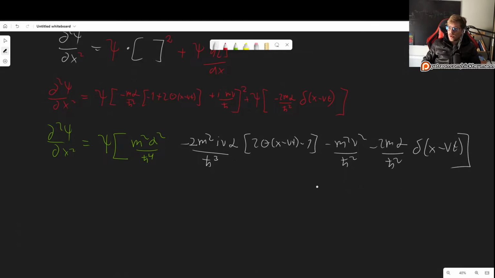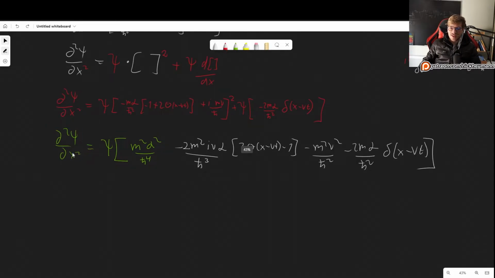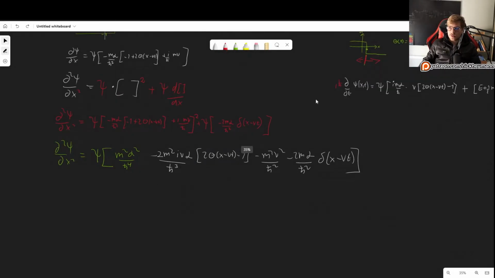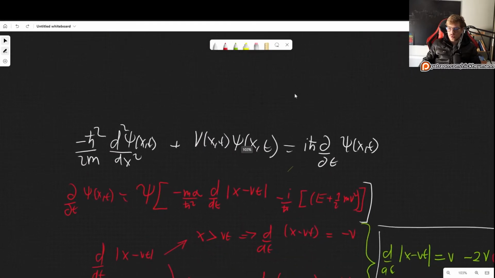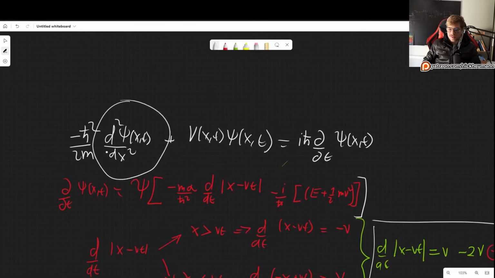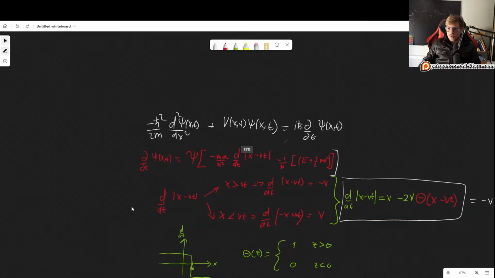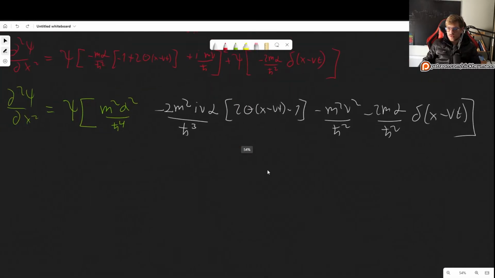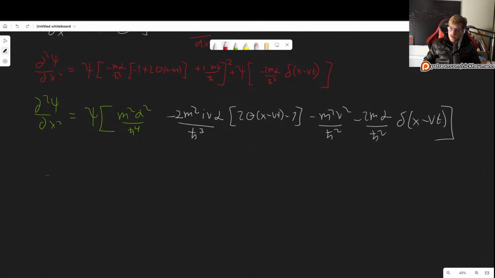But we don't only want to find the second derivative of psi with respect to x. We want to find minus h bar squared over 2m times that second derivative, and that we will then plug into the Schrodinger equation. So let's multiply this result by minus h bar squared divided by 2m. We get psi, and the first part becomes minus m alpha squared divided by 2h bar squared.